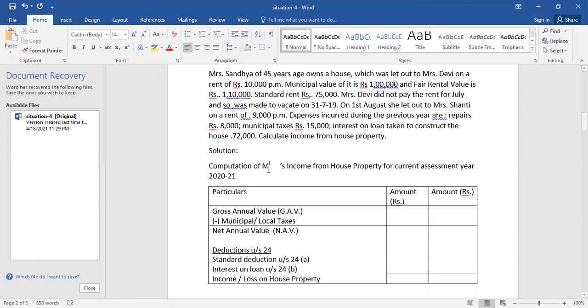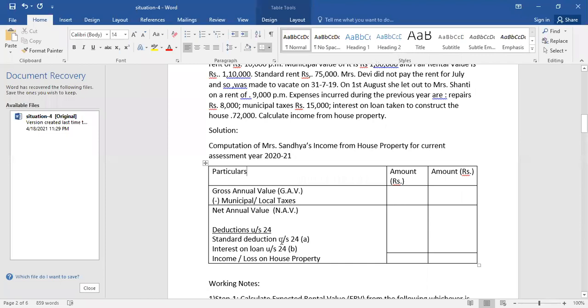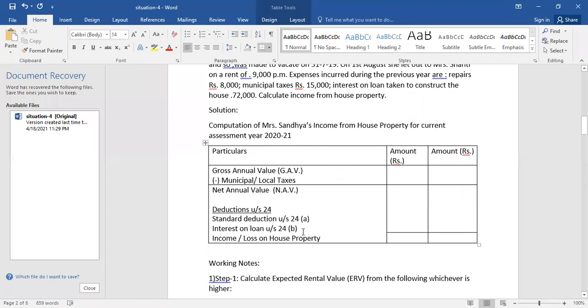Okay. So now, we will keep the heading of the solution: computation of Mrs. Sandhya's income from house property for the current assessment year. This is the standard format that we are going to write. Particulars: GAV minus municipal tax, we get NAV, then standard deduction under section 24A, interest on loan 24B, then you get either income or loss from house property.